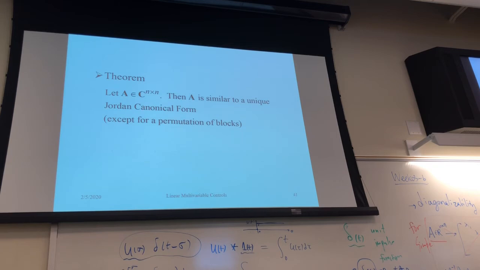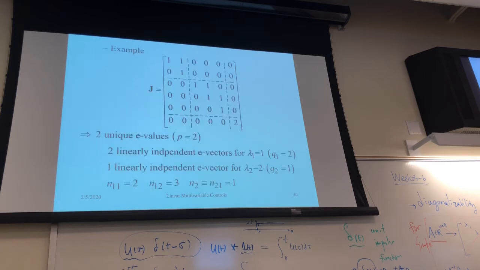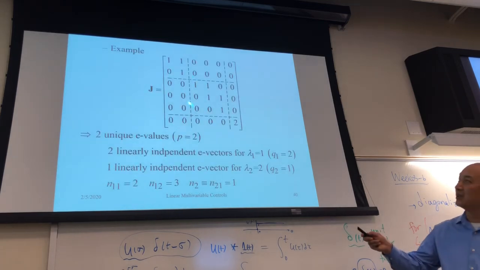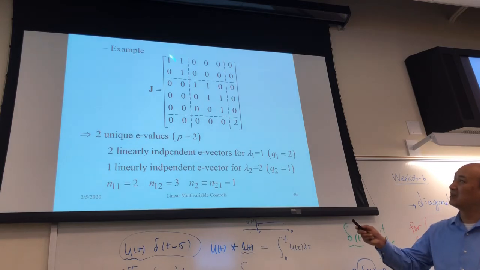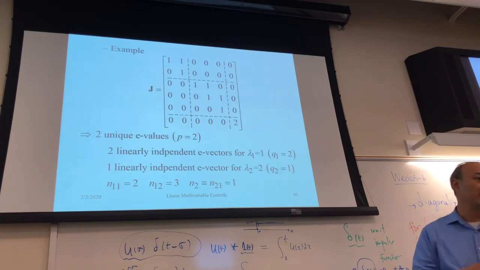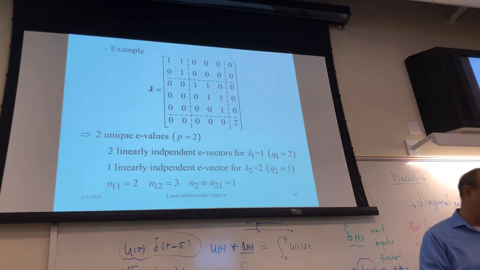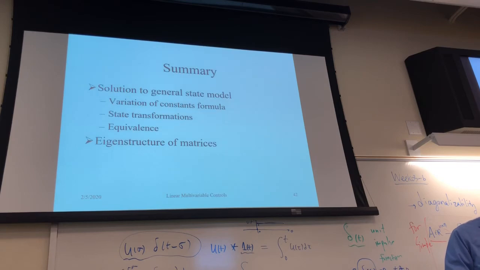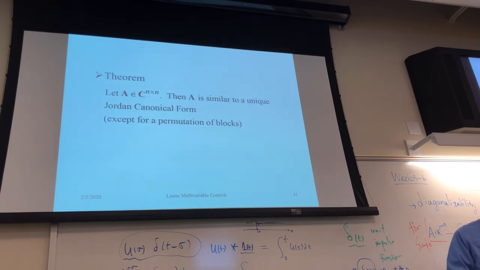So you may say, if I swap this block with that one, put this one down and this one up, it's still okay. That kind of permutation we should not count as non-unique. So it's unique except for permutation of blocks.